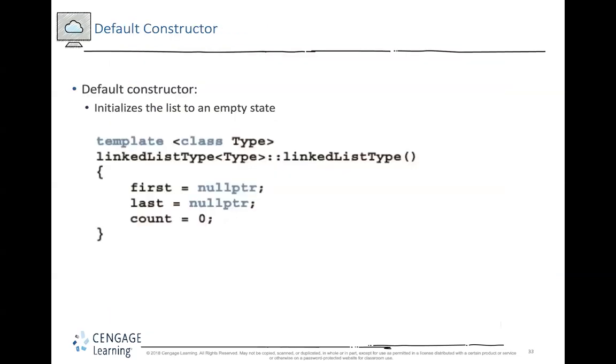So let's look at the default constructor. The default constructor of linked list type, again, this is a template function because everything about this ADT is templatized based on the class type, because the information you carry around can be any type. Initializing the three variables: first, last, and count.